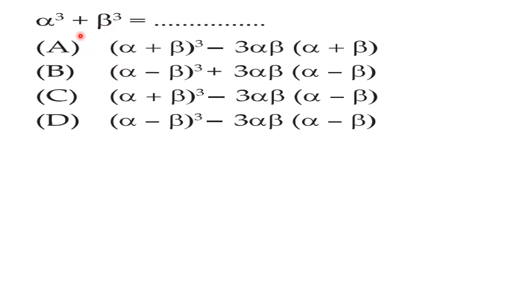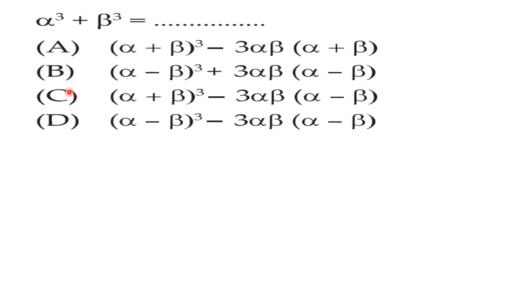Since we have a plus sign here, minus will not come. So options B and D are not possible, because if it is the expansion of alpha minus beta the whole cube, we are going to get a minus sign.